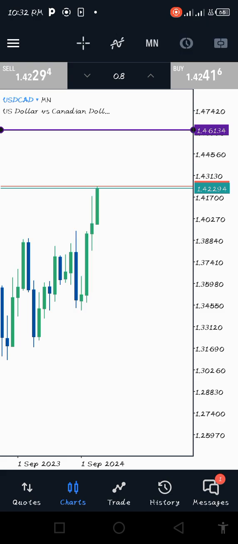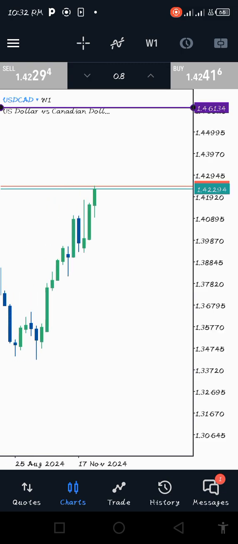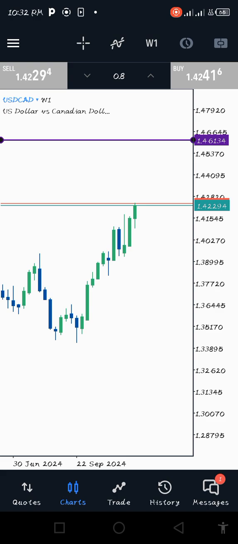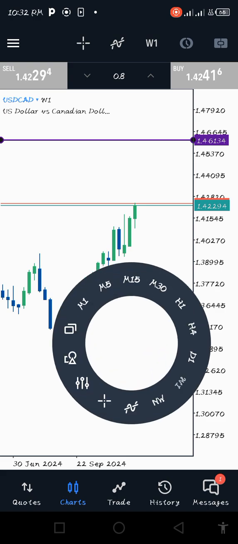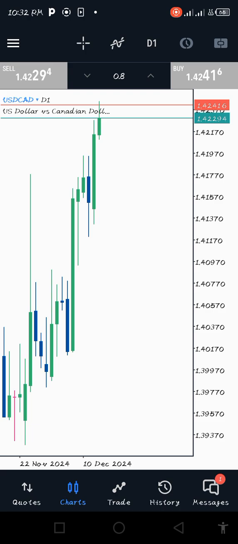So if we can do that on the monthly time frame, since we have seen what we want to see, we move to the weekly time frame. What are we doing on the weekly time frame? We are just looking for zones where we can take buying opportunities. We can't see much on the weekly time frame, so we move down to the daily time frame until we see something.